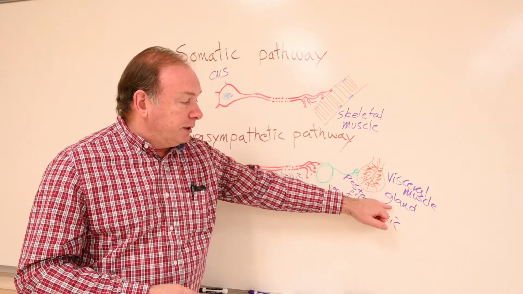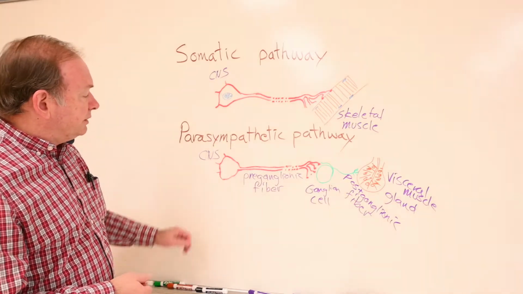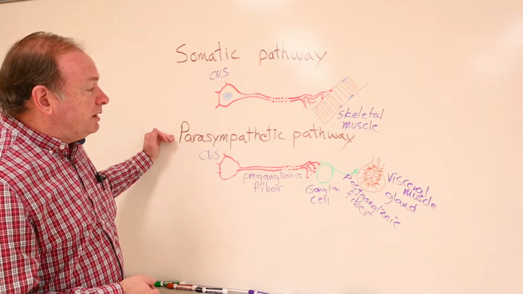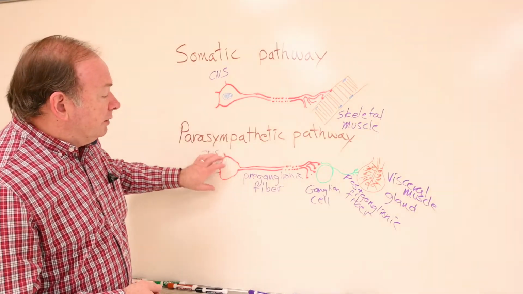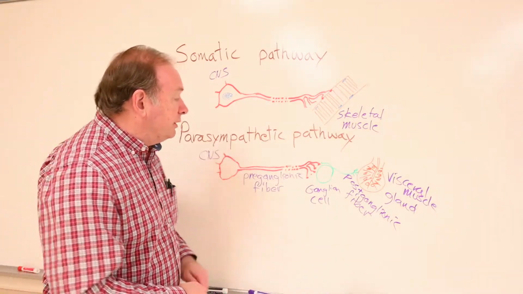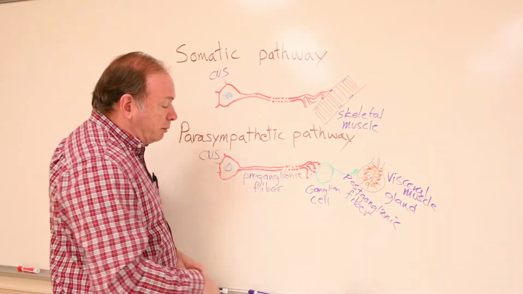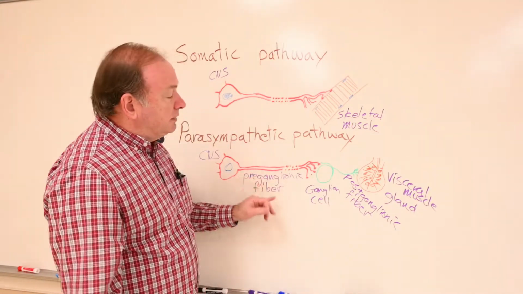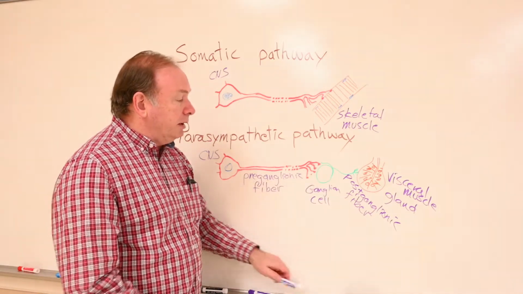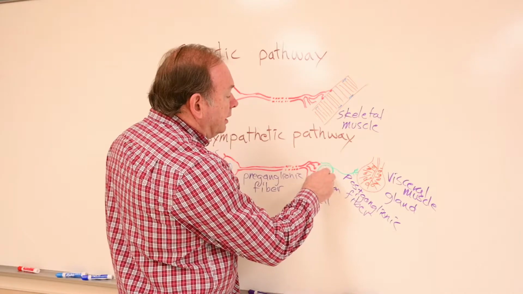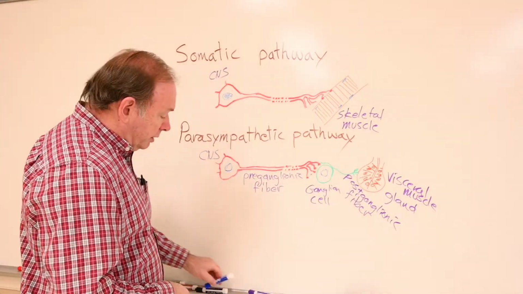But visceral muscle and glands are affected by the autonomic nervous system. So here, one branch of the autonomic nervous system, the parasympathetic branch, has a nerve cell in the central nervous system. It's a motor cell for the autonomic branch, and it sends a long preganglionic fiber out to a ganglion cell. The ganglion cell has a short postganglionic fiber that reaches to the effector.